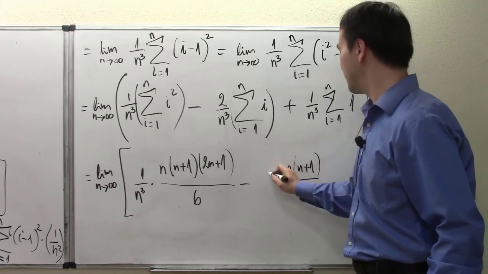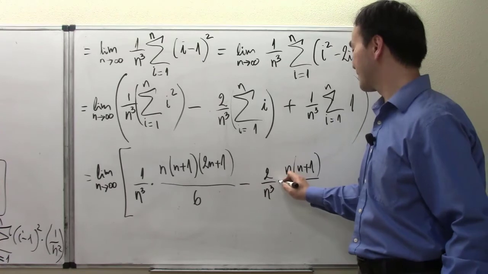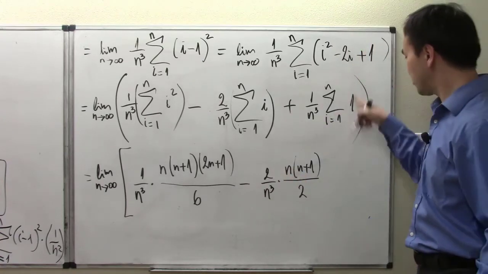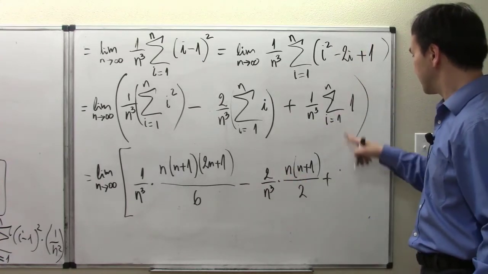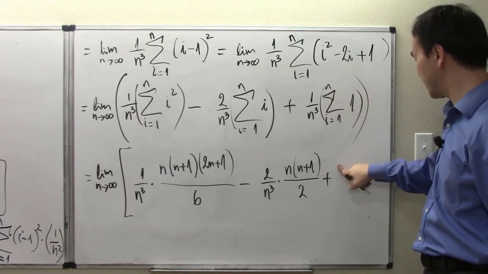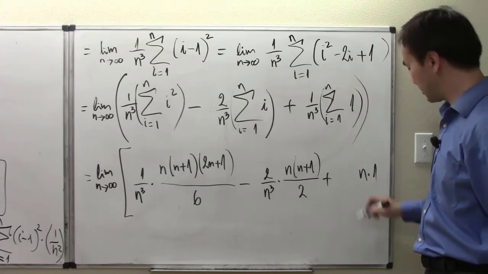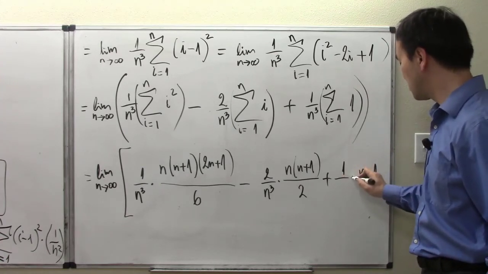Then we need to multiply with the extra factor 2 over n cubed. And the last one, the summation on this 1, is going to give me n, because n times 1. But then we need to multiply with the 1 over n cubed.